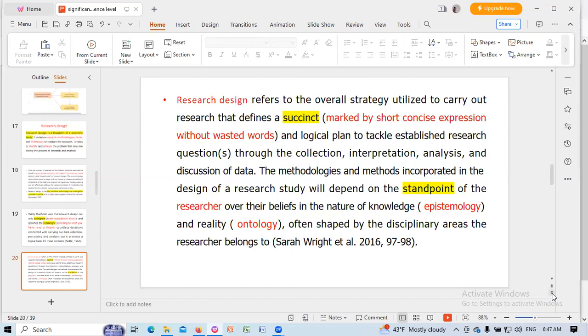And Sarah Reed et al. also define research design.